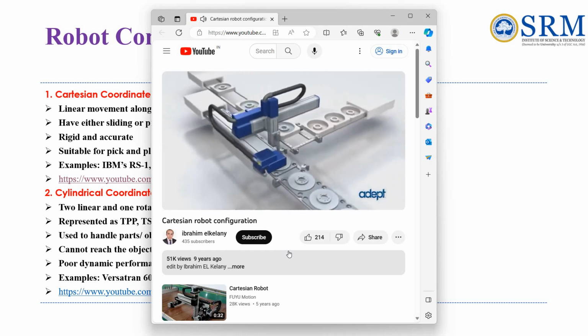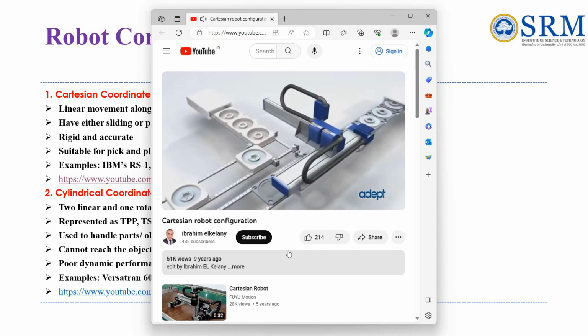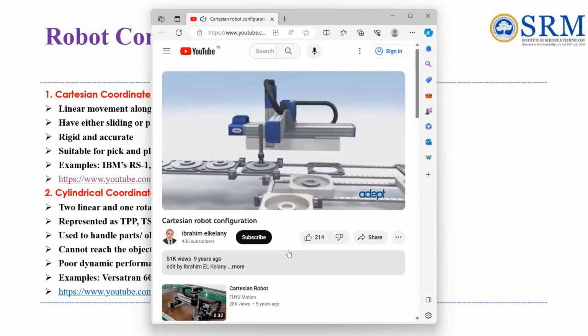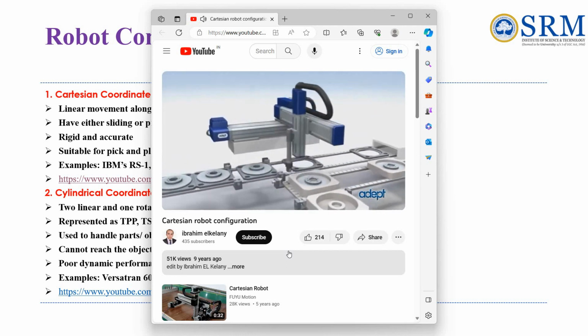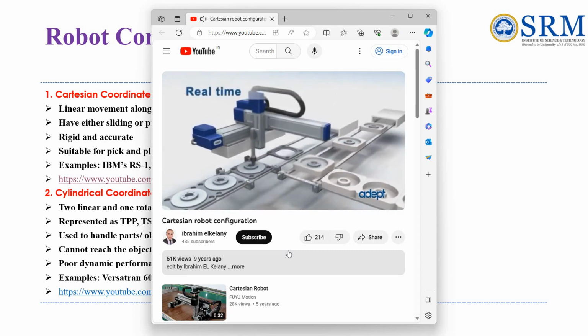You could see the 3 prismatic movements for pick and place applications.